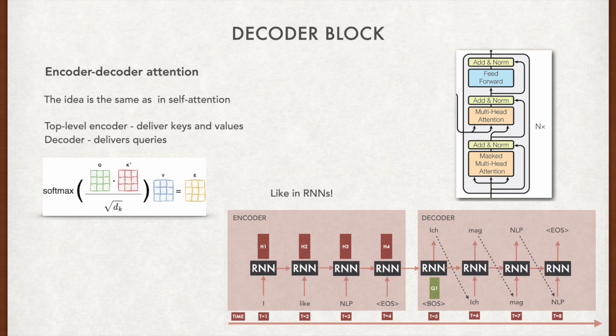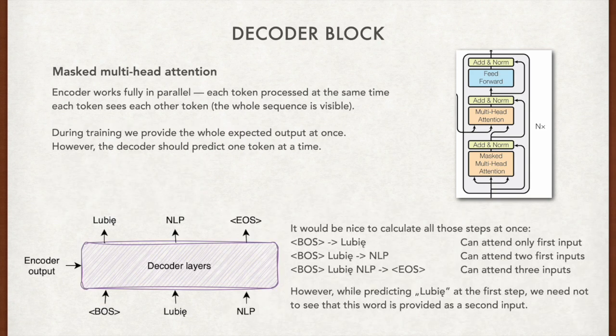Now let's discuss the idea of masked multi-head attention. The encoder allows us to process each token in parallel in the context of a single encoder block. The representations from the lower levels, either original static embeddings or the embeddings produced by a lower level encoder, were all available so that the encoder could generate the new representation for each token in parallel.